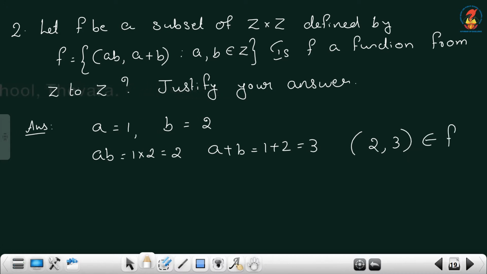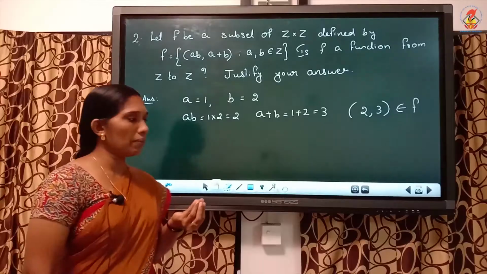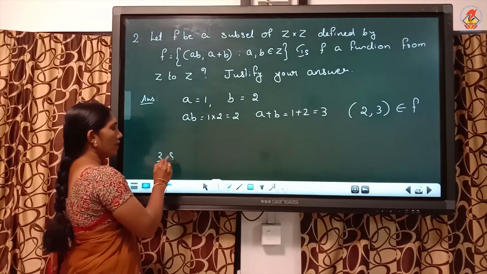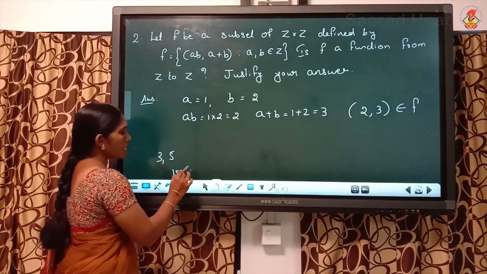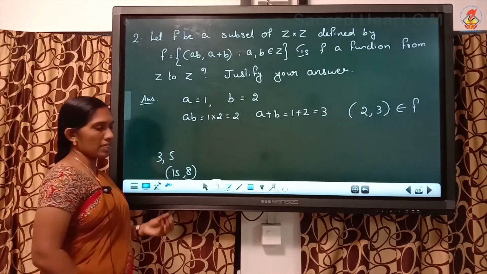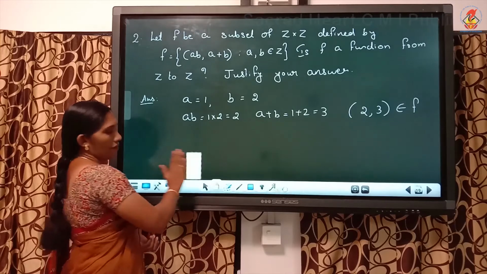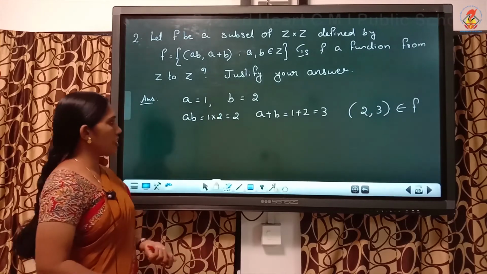F means a set of ordered pairs, and the ordered pairs are (ab, a + b). If we take any two elements, like 3 and 5, 3 into 5, that is 15, is the first one, then 3 + 5 is the second element. Like that, so many pairs are in F. We have to check whether F is a function or not.